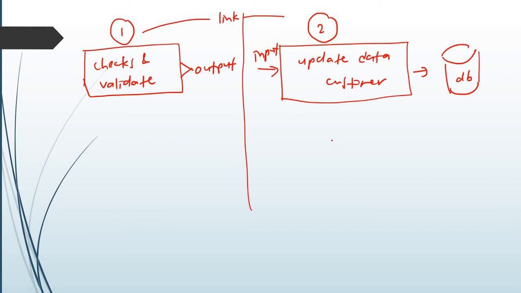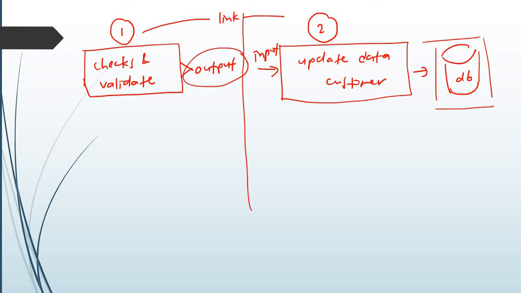Basically the testing will be unsuccessful if the particular output can't be the input for the update data customer, because it will affect the storage in the database. So this is the example of link testing that you should perform after the unit testing.